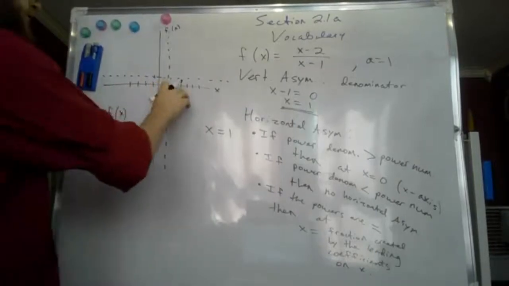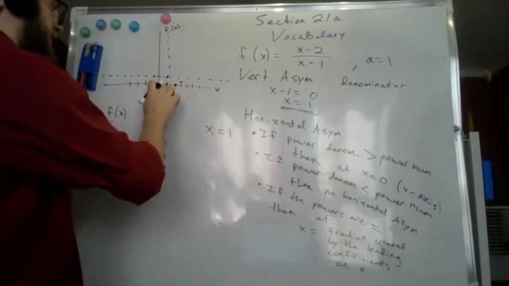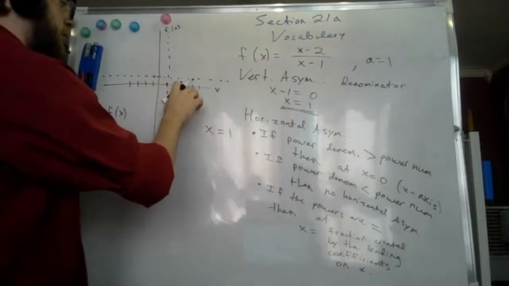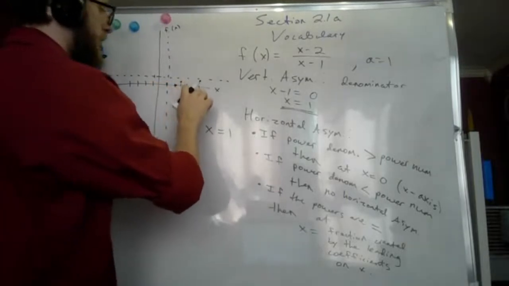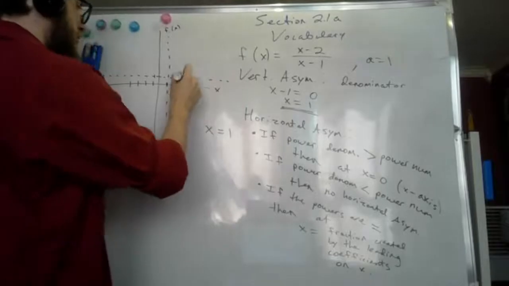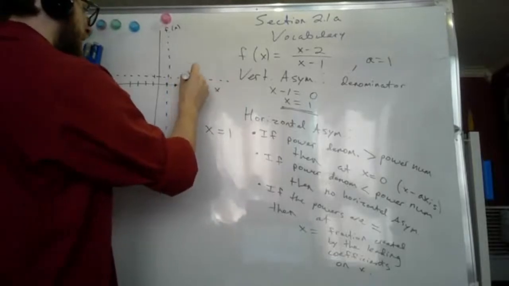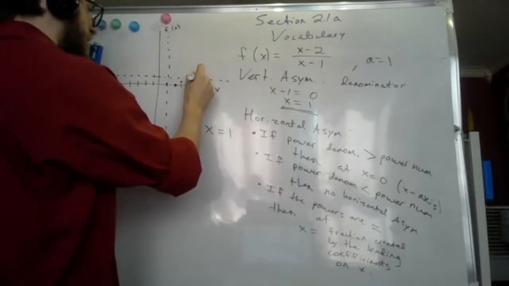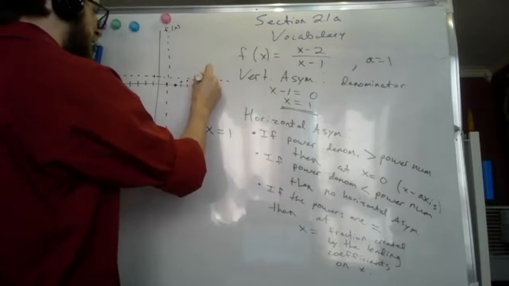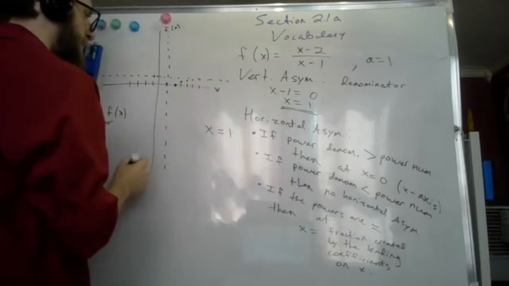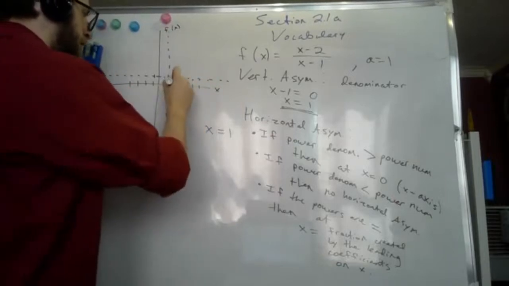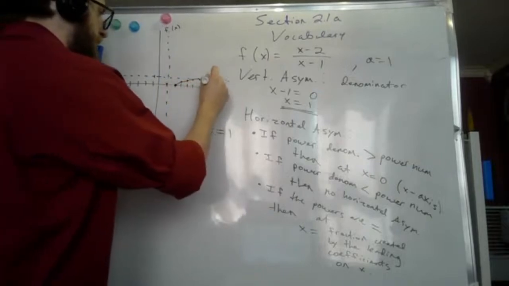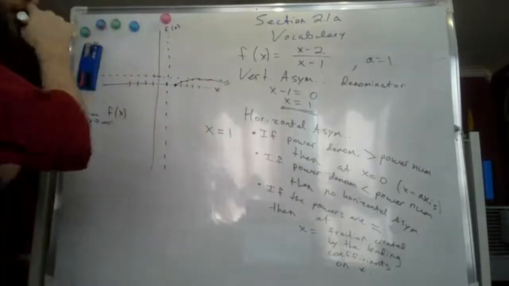Well, as it turns out, if you plug in 4, then you plug in 5, you plug in 6, so on and so forth, you're actually going to get closer and closer to 1. So that's what's happening with our graph here on the right side.